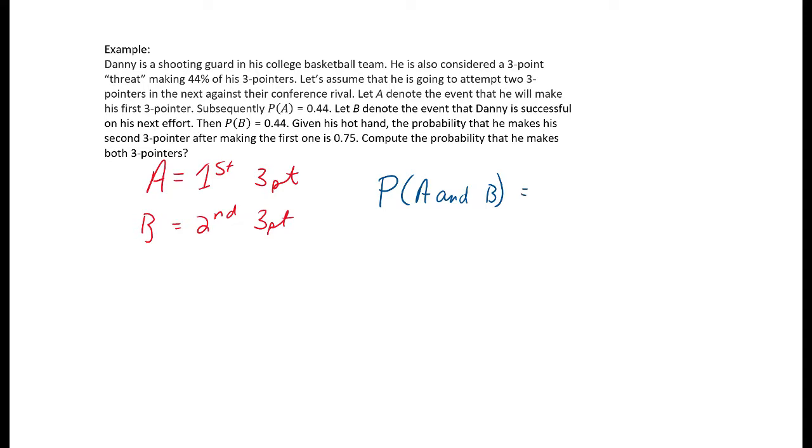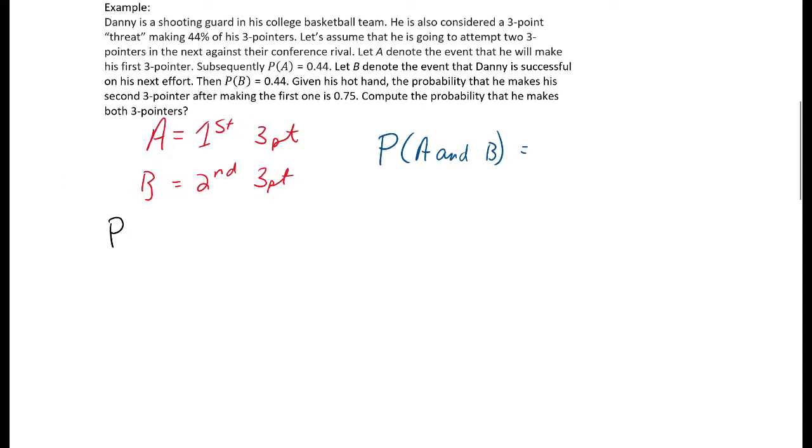To figure that out, we need to write down all the information that we know. They told us the probability he makes his first three-pointer, the probability of A, is 44% or 0.44. We know the probability of B is also 0.44. And here we go. It says, given his hot hand, the probability he makes his second three-pointer, given that he made the first, is 75%.